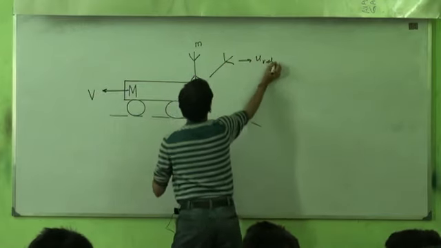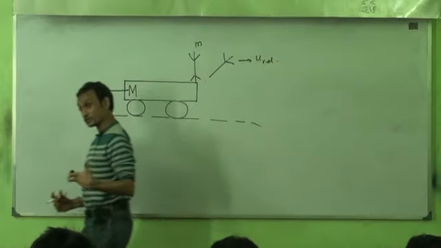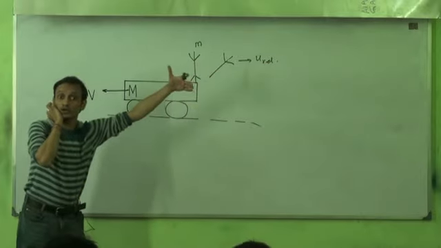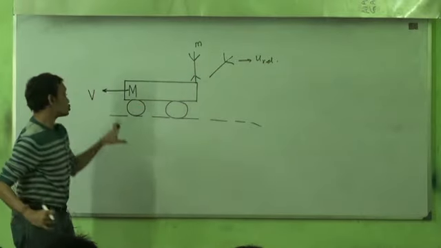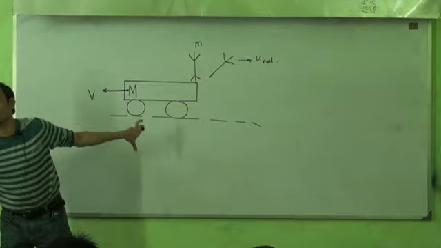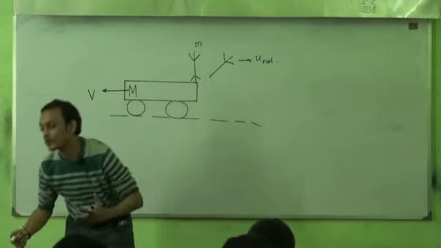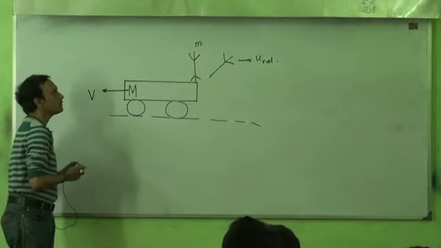With respect to the trolley, small m develops a horizontal velocity u rel at an instant when the trolley develops a velocity v leftwards, with a view to preserve linear momentum horizontally. Clear? Alright.